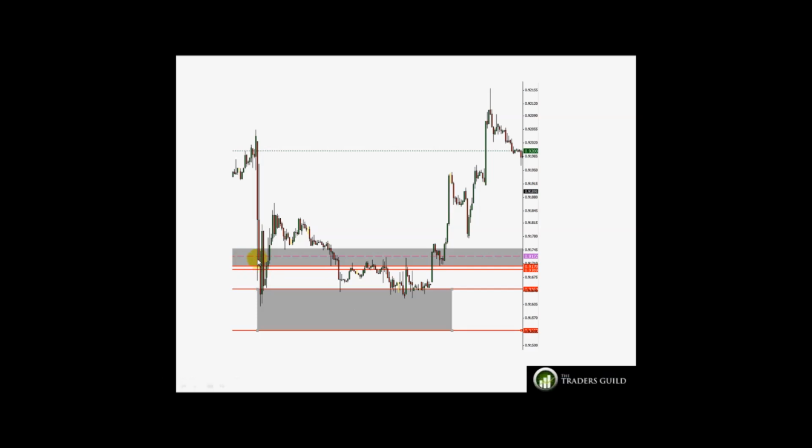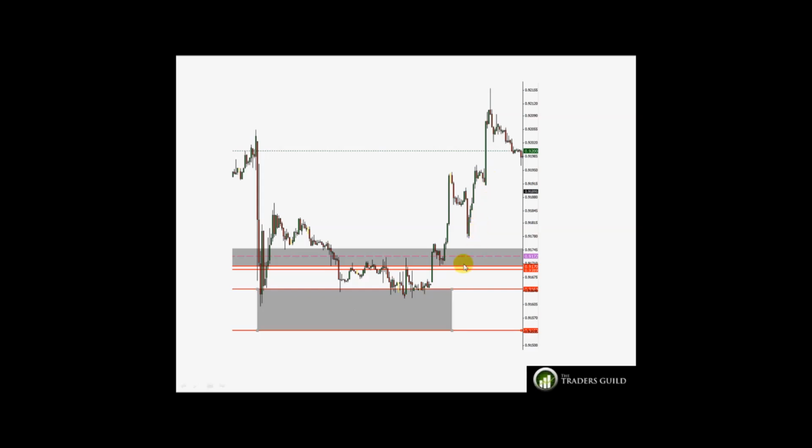Thus it held as support, and we had the rejection back up to the cause, or where the news-based move originated from. We came back down again. It's looking if we're going to break out of here, doesn't it? We've kind of got a wedge pattern where it's looking as if we're putting price pressure onto this zone, but no, this supply demand zone held, and price eventually broke back upwards. We had a new trend forming back upwards.